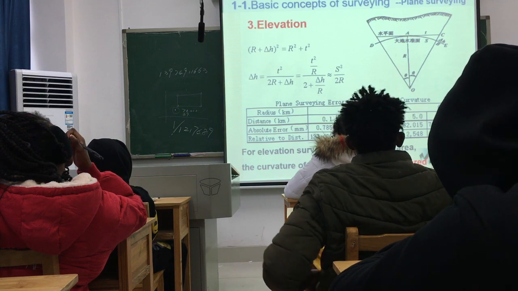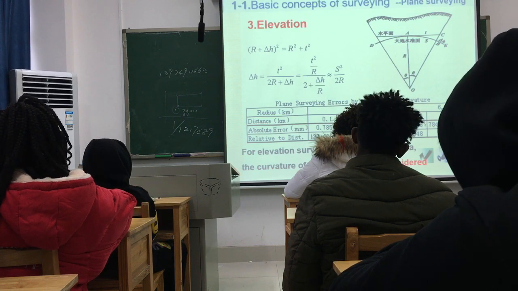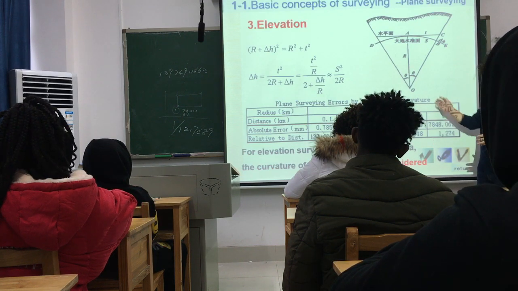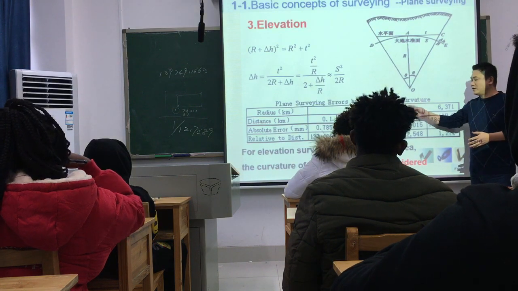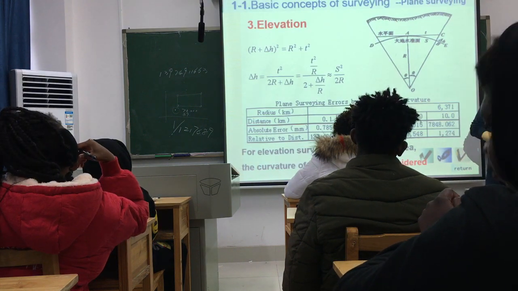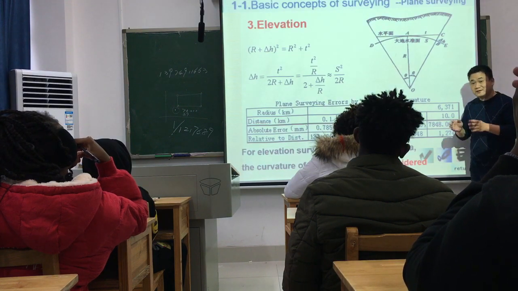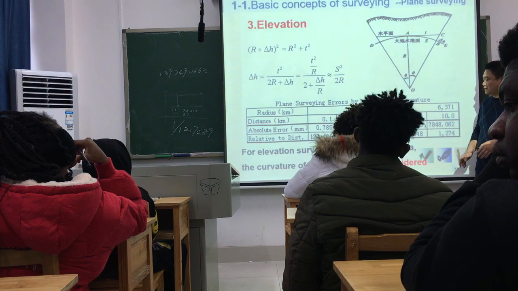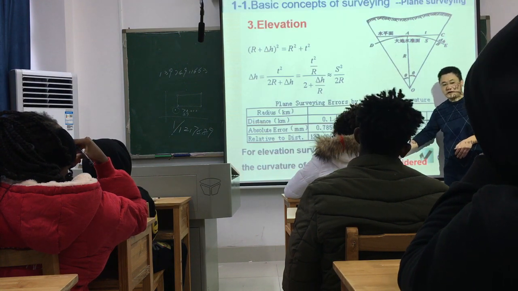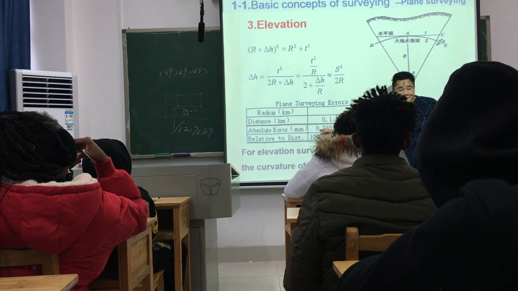But in real field work, sometimes this is not taken into consideration, because the instrument designed to get elevation difference will do some operation to eliminate the error in your observation.